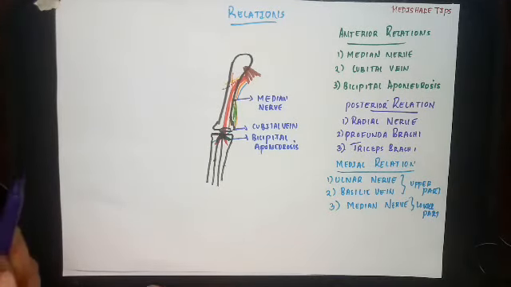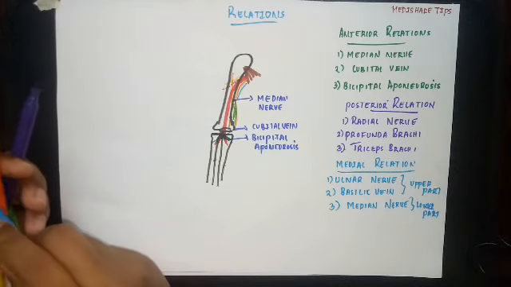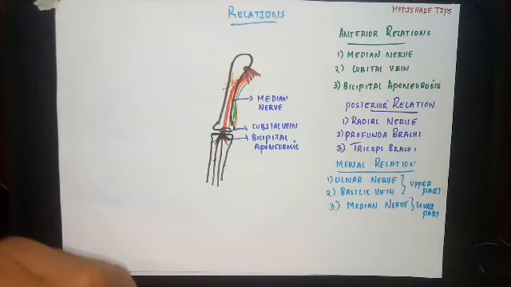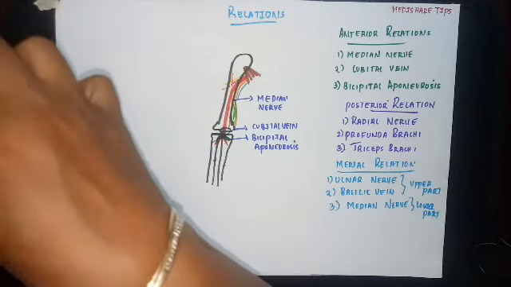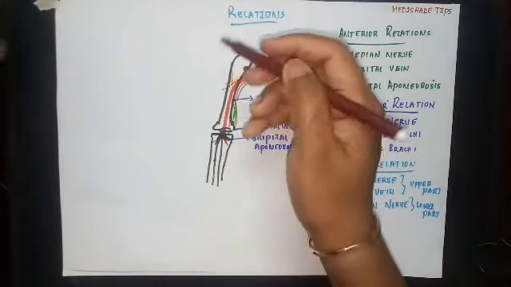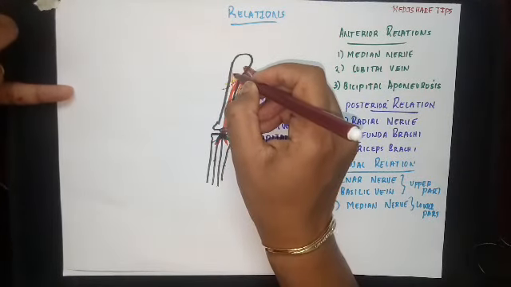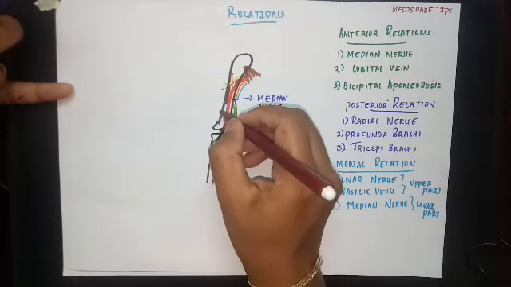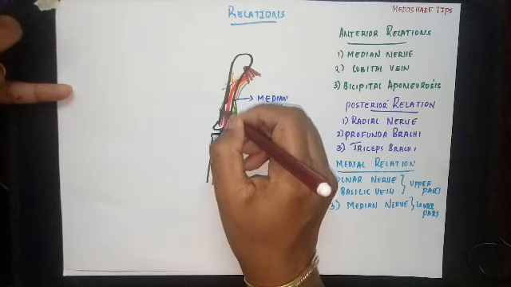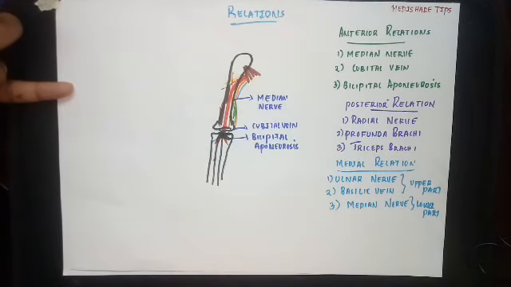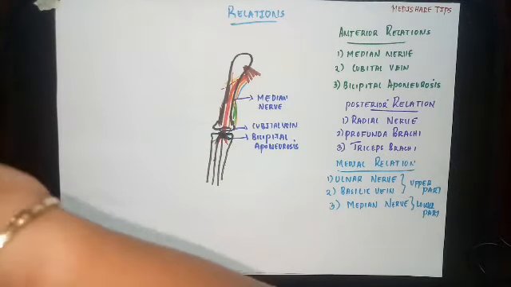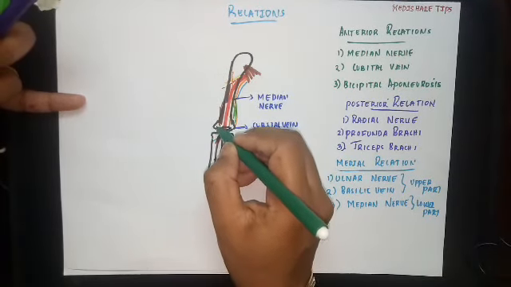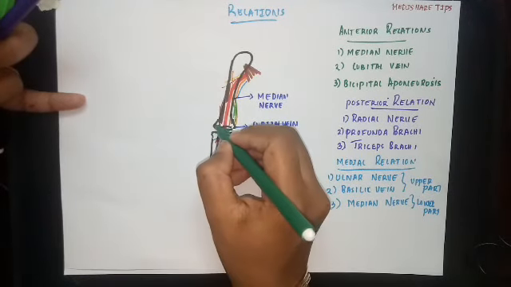Now let's see the lateral relation of the artery. You can see that there are two muscles: the coracobrachialis muscle, which gets attached here, and the biceps muscle, which is also lateral to the artery. There is the tendon of biceps, which is lateral to the artery in the cubital fossa.